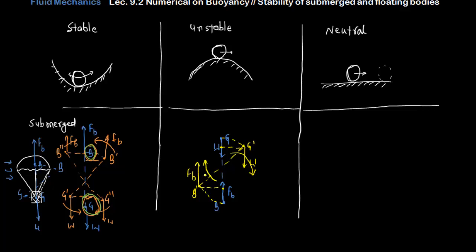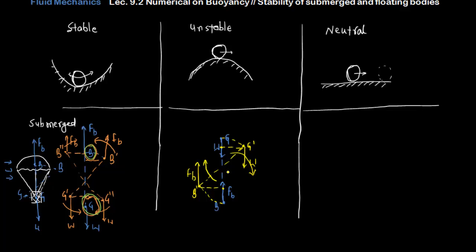So in that case the body will never regain its initial position, because due to these forces and moments G dash is going to be farther away from G, and similarly B dash is also going far away from the point B, so the body is going to be disturbed more and more. So in this case the submerged body is said to be in an unstable equilibrium state.